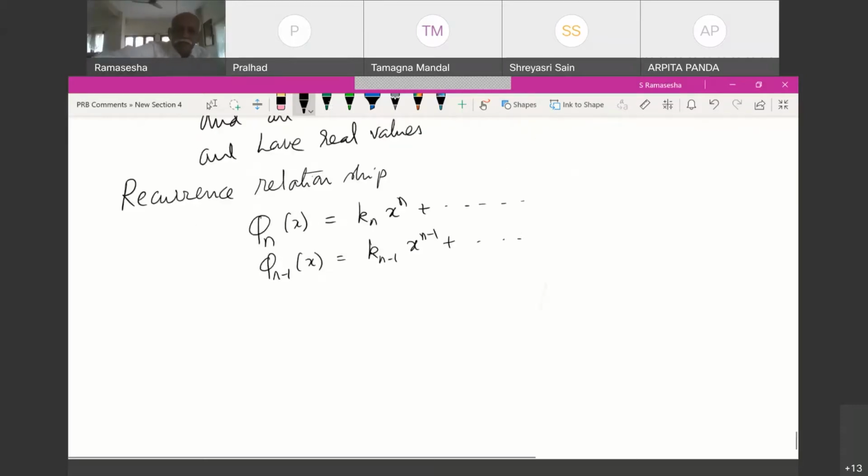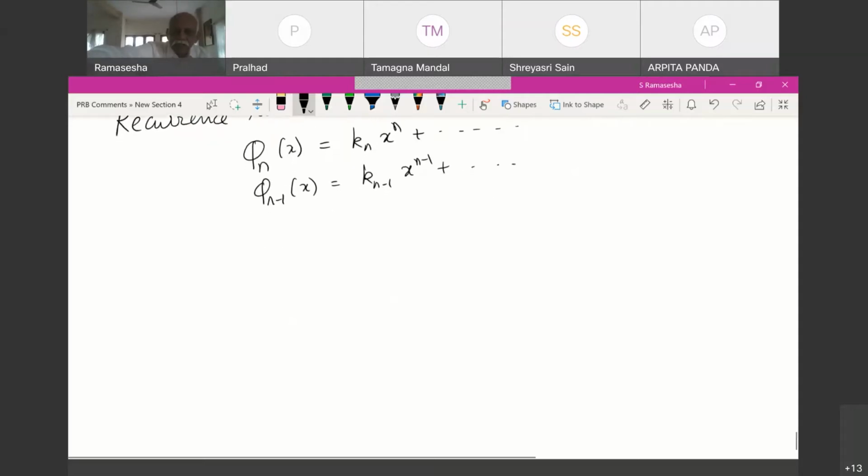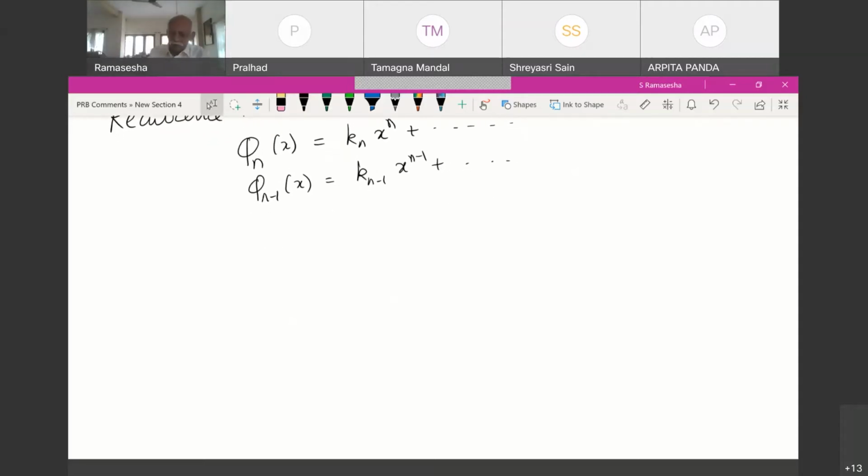Again, if I move the screen. So consider this one: Pn(x) minus Kn over K(n-1) times x times P(n-1)(x).